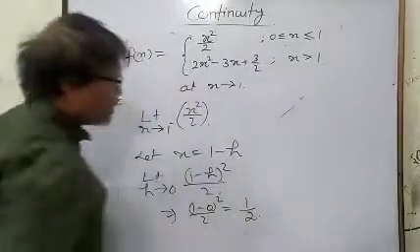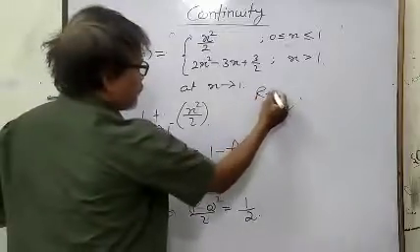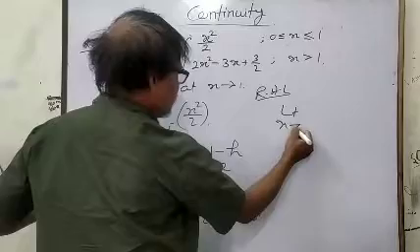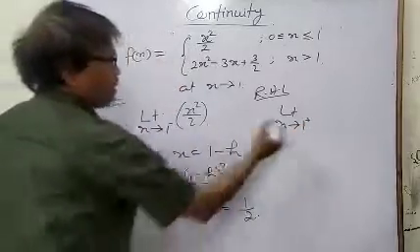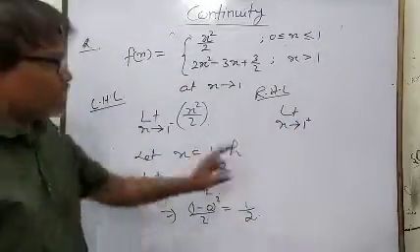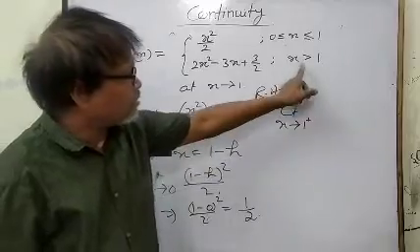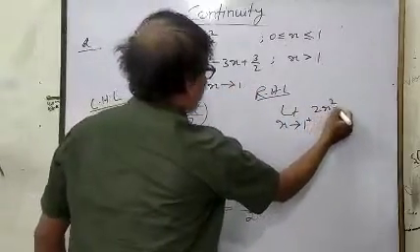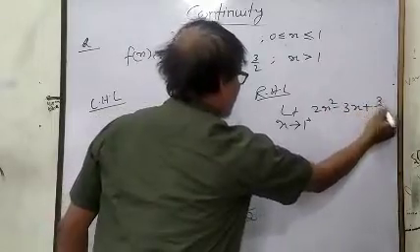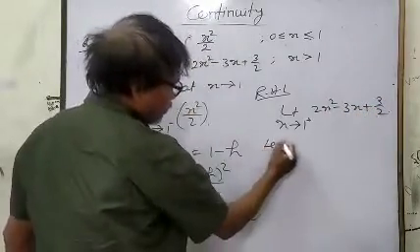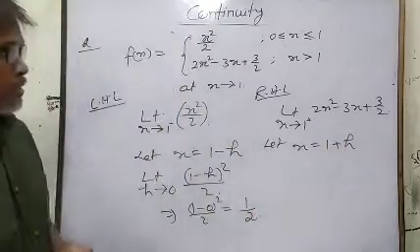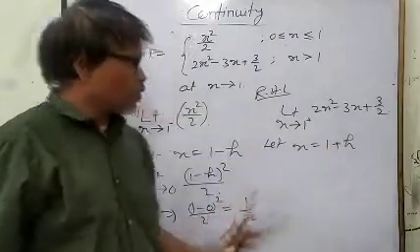Then the right hand limit. For the right hand limit, you take limit x tending to 1 plus f(x). Right hand limit means just greater than 1. So just greater than 1, this is the function: minus 3x plus 3 by 2. Then you let x is equal to 1 plus h. This h is very close to 0.